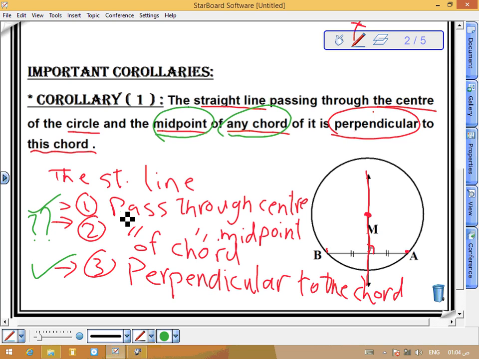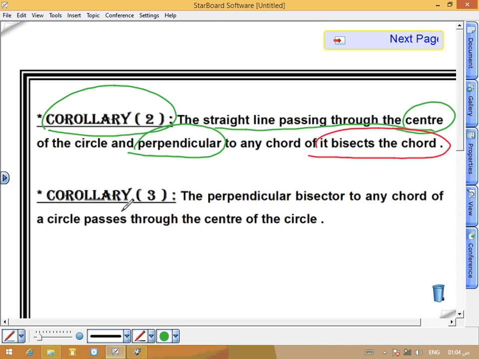So in any corollary, it was given 2 points, and the third point is missing. We must know what is given and what is wanted to be completed or chosen. We will go to the next page and see corollary number 3.